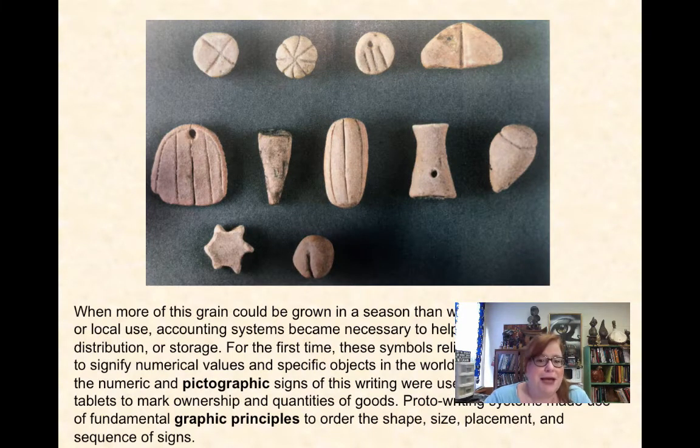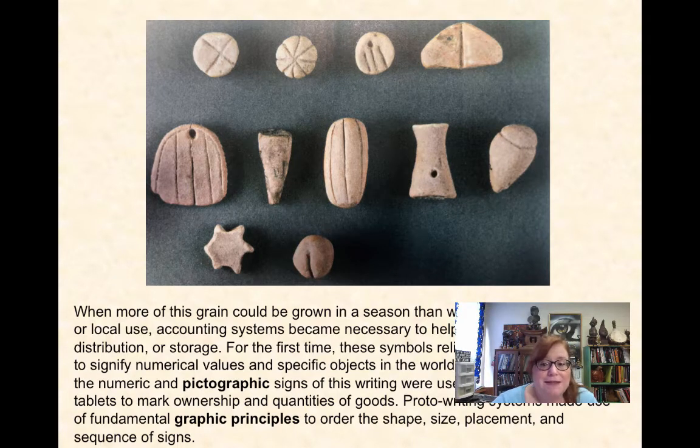So when they began to grow more grain than they could actually eat in a season, or they could distribute immediately, they began to have some kind of accounting system to help monitor its ownership, the way it was distributed or stored. So for the first time, these signs relied on symbols designed to signify numerical values and specific objects in the world.